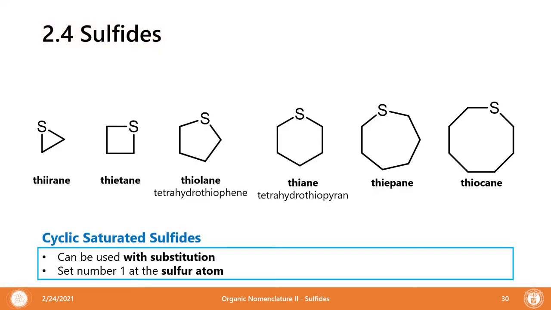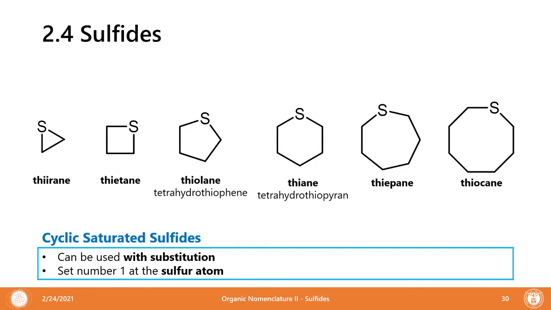And so we also have sulfides which are cyclic, and they are saturated. These can be used with substitution, so you can connect substituents to them. But much like cyclic saturated ethers, you always set number 1 at the sulfur atom. So we have thiirane, thietane, thiolane.